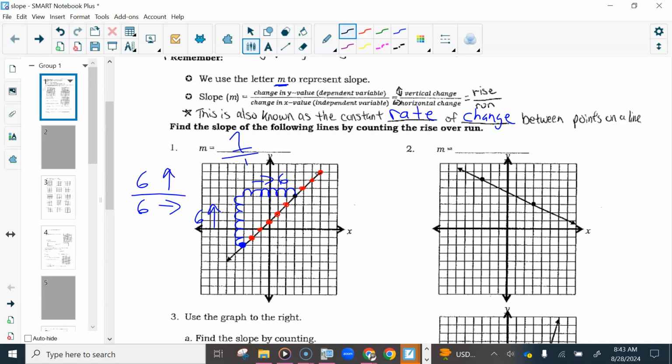Okay. So I said that the order doesn't matter if you go up or down first. It depends on which point you start at. Let's say instead of this point, I started at this point instead. I still have to do my rise first, which is still up or down, but in this case, I have to go down, and then over to the left, 6.